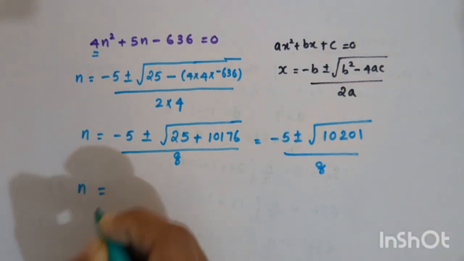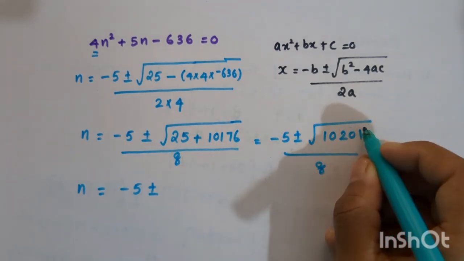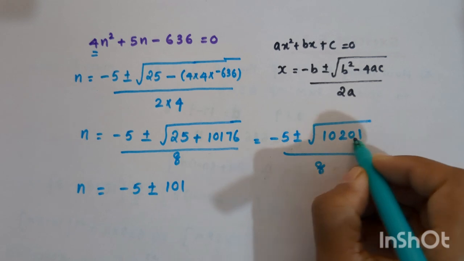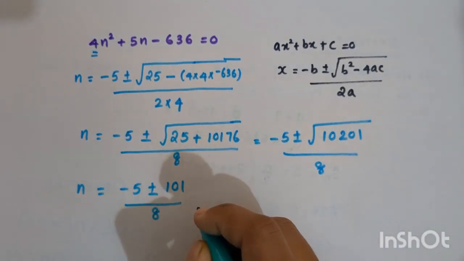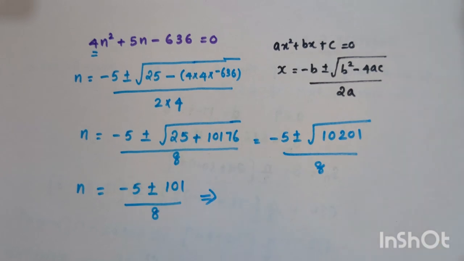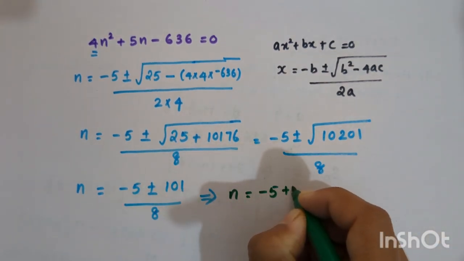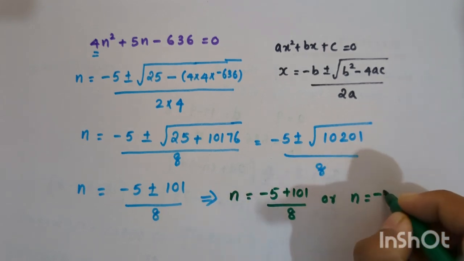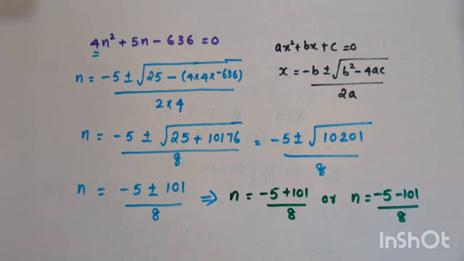The square root of this is actually 101, since 101 into 101 is this number, divided by 8. This implies that n can have either the value minus 5 plus 101 divided by 8, or n can have the value minus 5 minus 101 divided by 8.